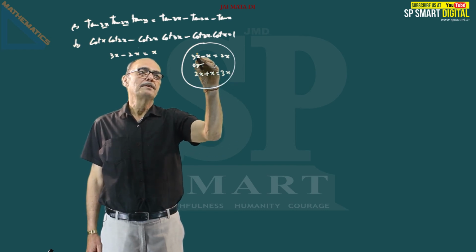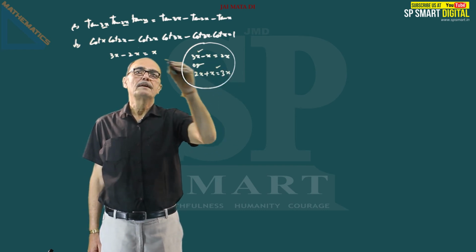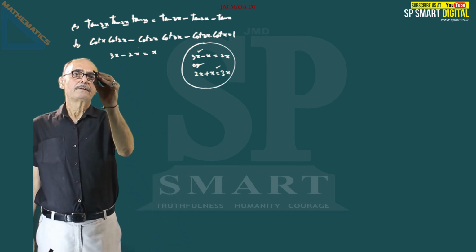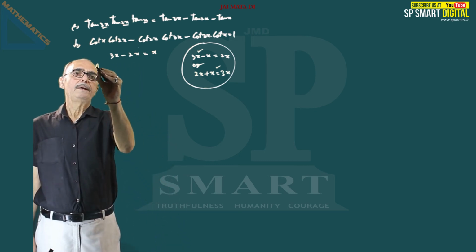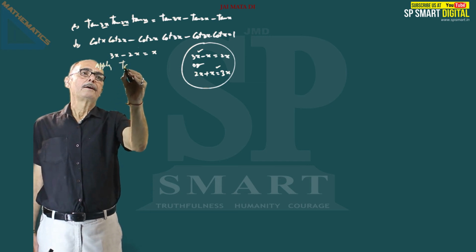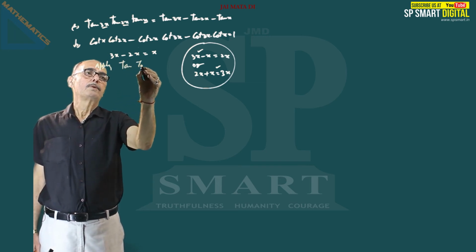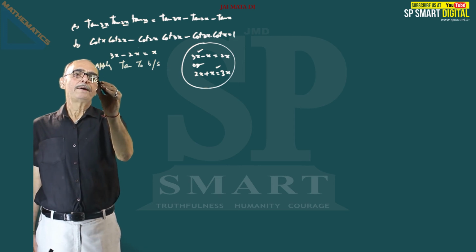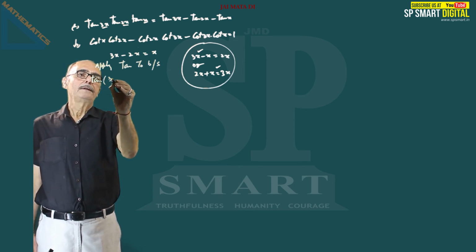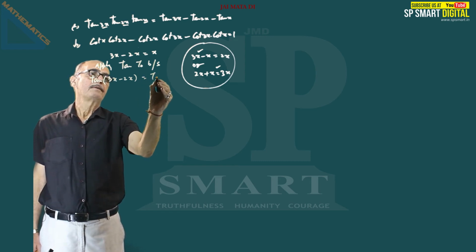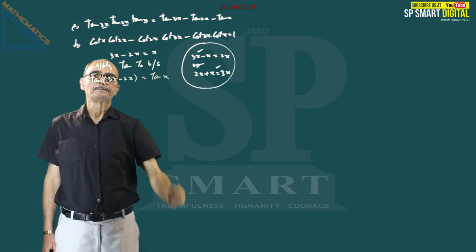Any one of these relations, this or this. And then apply tan to both sides. So, this is tan of the compound angle 3x minus 2x equal to tan of x.